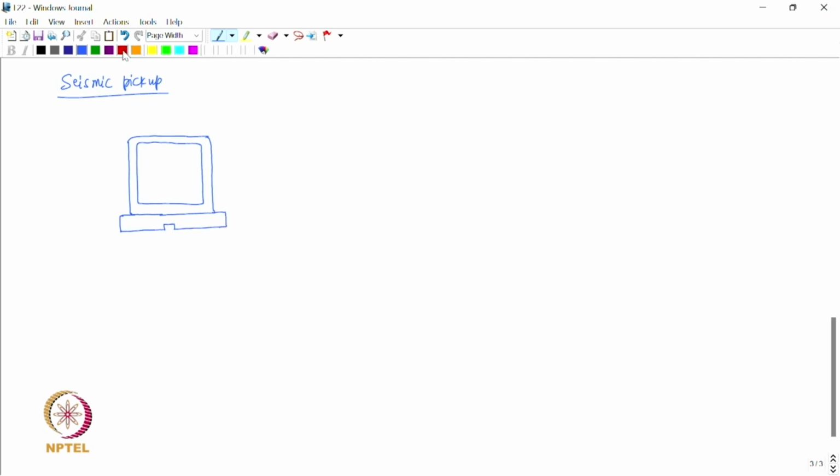So this seismic pickup has a seismic mass like this, and then there is a spring and dashpot. Okay. So, this is the seismic mass, this is stiffness, and this is damping.